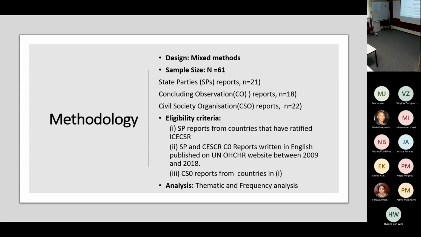So this was a mixed method study in which we included thematic and frequency analysis methods to analyze our data. As we have said already, we were searching on the United Nations website under the convention, the covenant. In our search between 2009 and 2018, we managed to get a sample size of 61 reports.